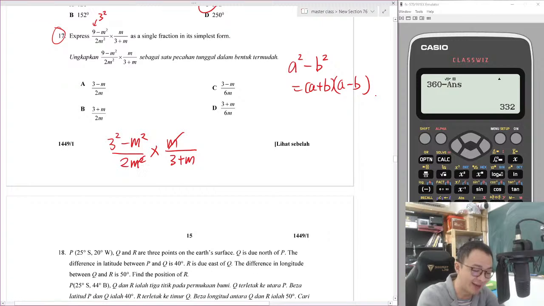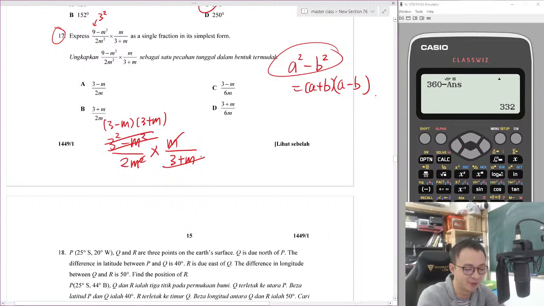The m and m I cancel first. The top is exactly this formula, right? So this one I can write as 3 minus m, 3 plus m. After I expand and cancel it out, I'm left with 3 minus m over 2m. Answer will be A here.